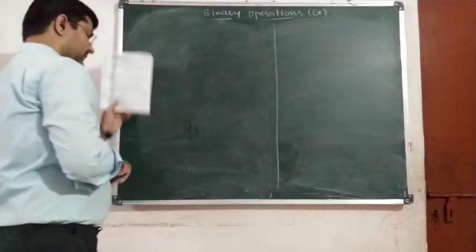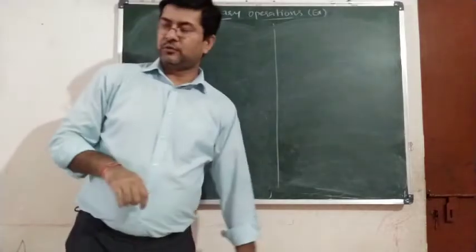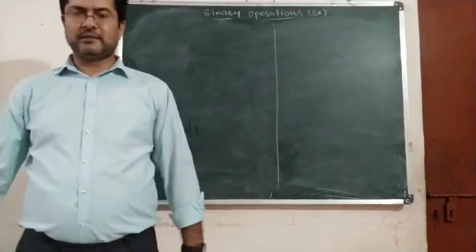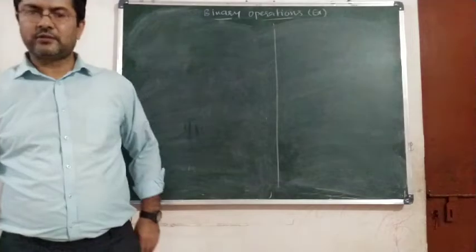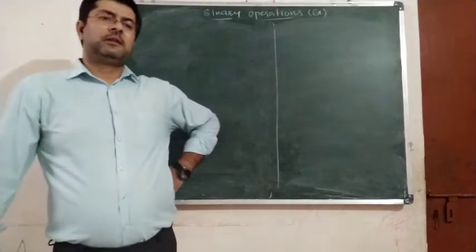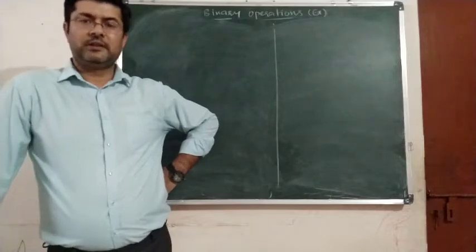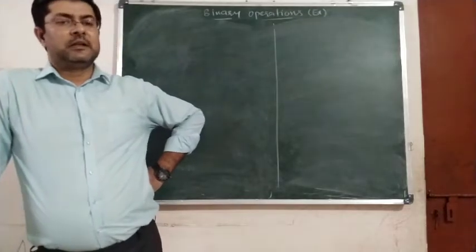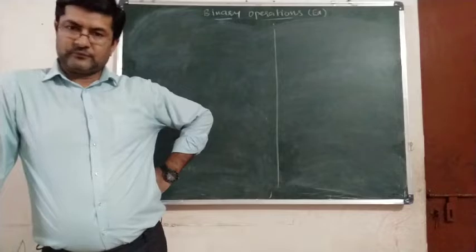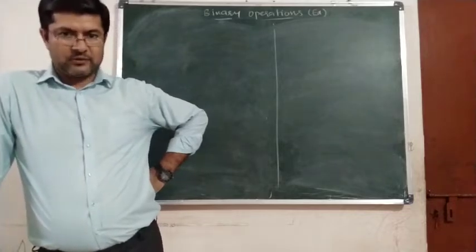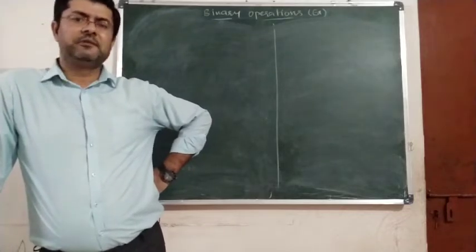Question number 7 is quite easy. You have to show that addition defined on the set of integers holds associativity, commutativity, it has an identity element, and it also has an additive inverse.